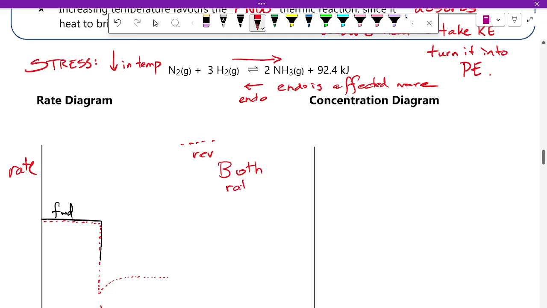Both rates decrease. Endo rate decreases more. But isn't the forward rate exothermic this time? Yes. Reverse is endo.